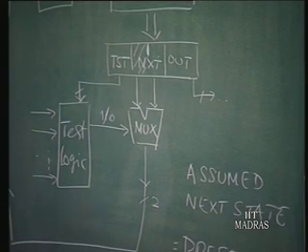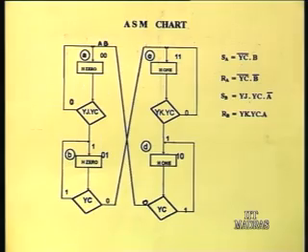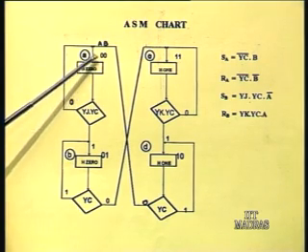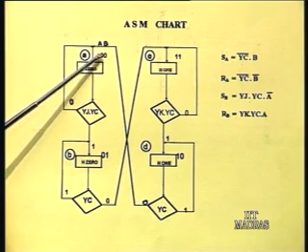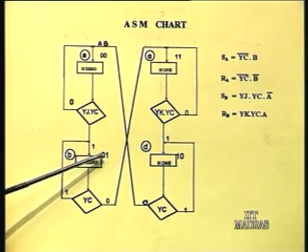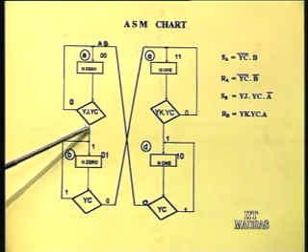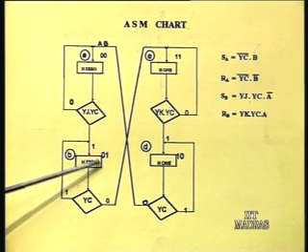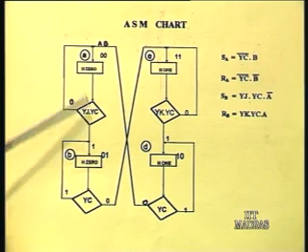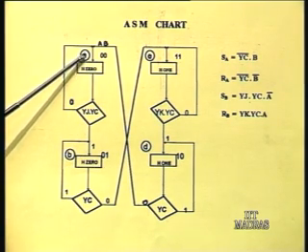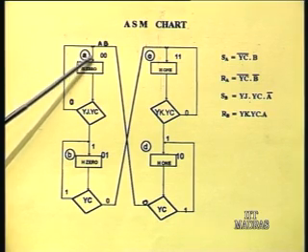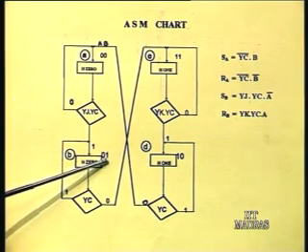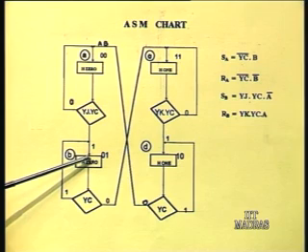Suppose you take a look at the chart. Suppose I am assuming this. You can see here A, B, the code is 0 0, 0 1. Here I am assuming the true next state is assumed, which means after A the next state will be A plus 1, which will be 0 1 itself, true next state.